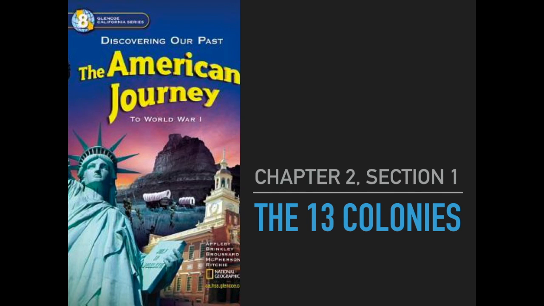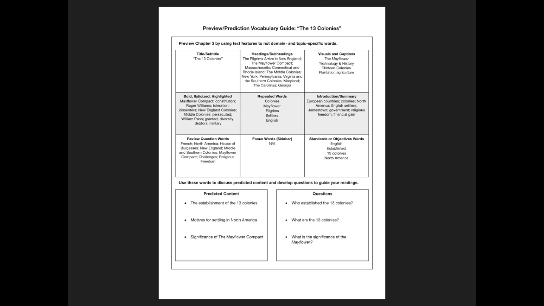Let's look at an example of a completed preview prediction vocabulary guide that is based on Chapter 2, Section 1 of an 8th grade social studies textbook titled Discovering Our Past, The American Journey to World War I. The title of this section is The 13 Colonies. Some headings or subheadings include The Pilgrims Arrive in New England, the Mayflower Compact, and the Middle Colonies, just to name a few.